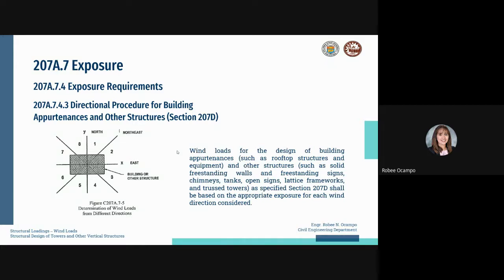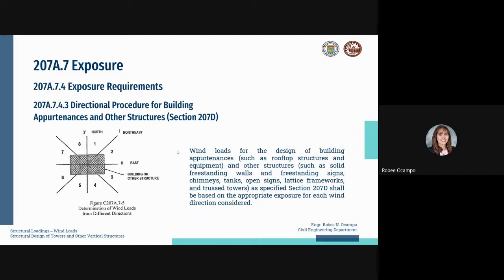According to 207B.7.4.3, the wind loads for the design of building appurtenances, such as rooftop structures and equipment, and other structures, as specified in 207B, shall be based on the appropriate exposure for each wind direction considered.